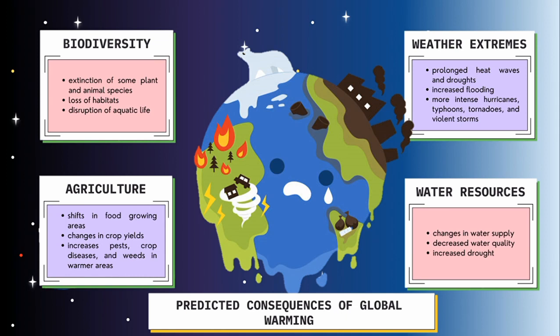While in agriculture, shifts in food growing areas, changes in crop yields, increases pests, crop diseases, and weeds in warmer areas. While sa water resources, changes in water supply, decreased water quality, and increased drought.